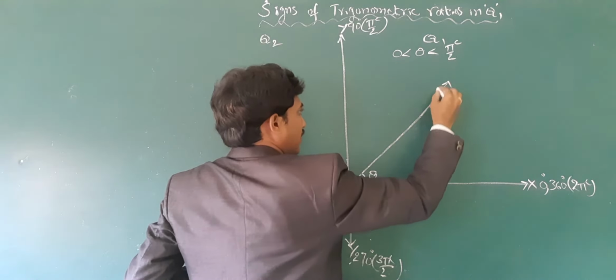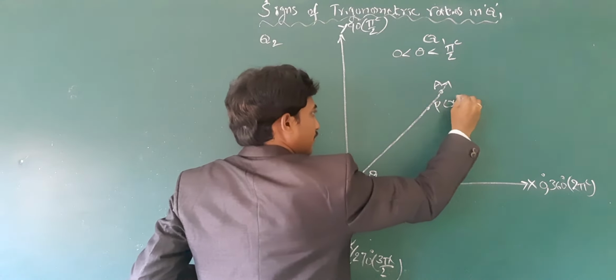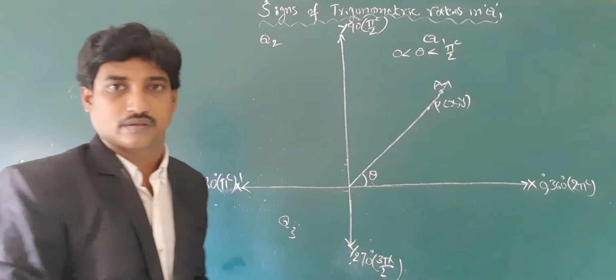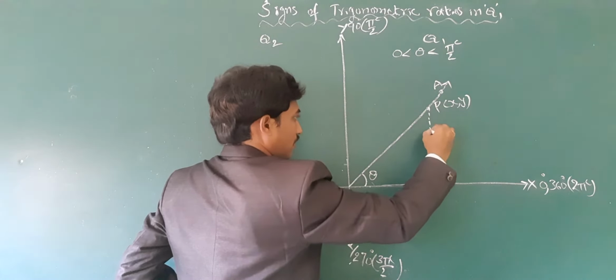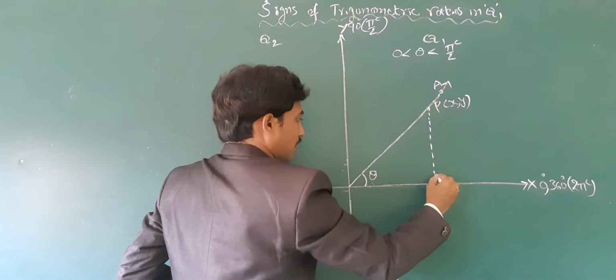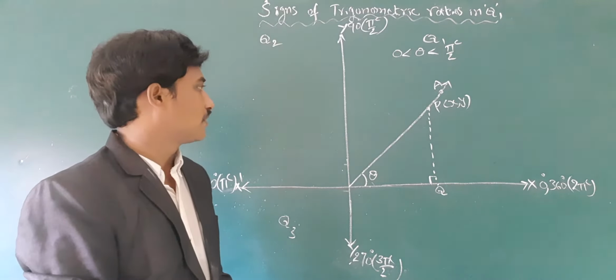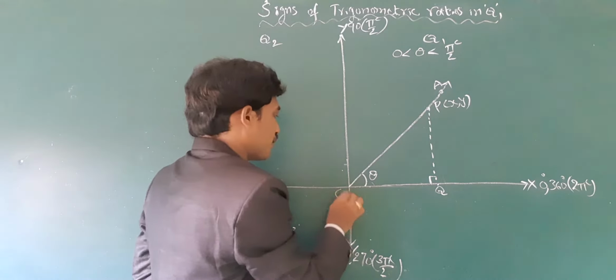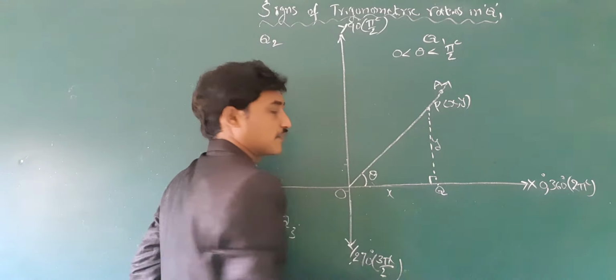Here I am taking a point P(x, y), and drawing a perpendicular PQ, the foot of the perpendicular is Q, so that OQ is X and PQ is Y.